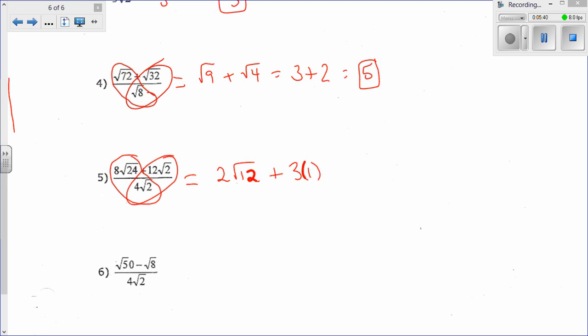So I break 12 down to 4 times 3. Square root of 4 is 2 times the 2 out in front becomes 4 radical 3 plus 3.